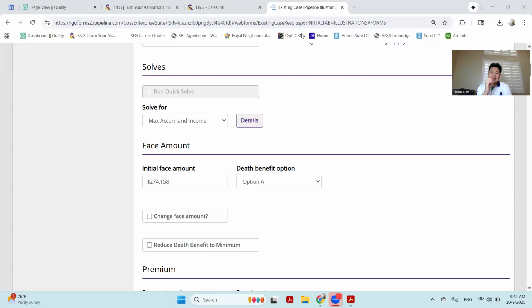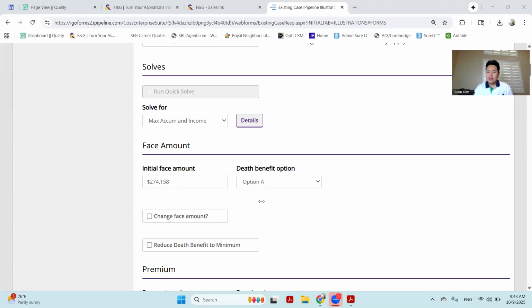So option A is good for the max accumulation income. For this particular solve, Cammy, it makes the most sense to go option A, because option A means the death benefit doesn't keep increasing, so the cost of insurance doesn't keep going up every year.